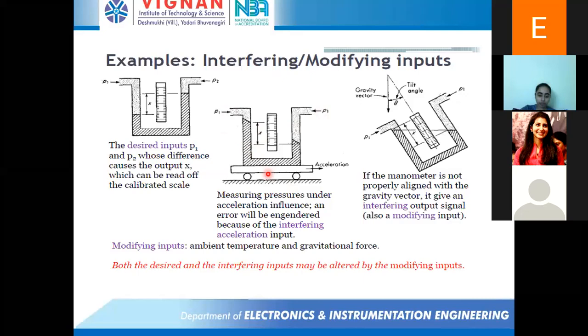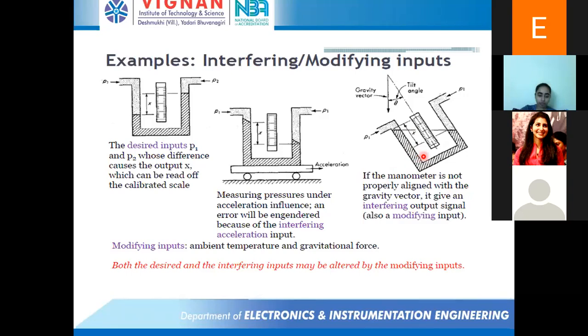Now if you go for another one, in this figure, the interfering input is that the manometer is not properly placed, not properly aligned with the gravity vector, because of an angle of tilt. Just slightly it is having some angle of tilt, but actually it should be perpendicular to earth.